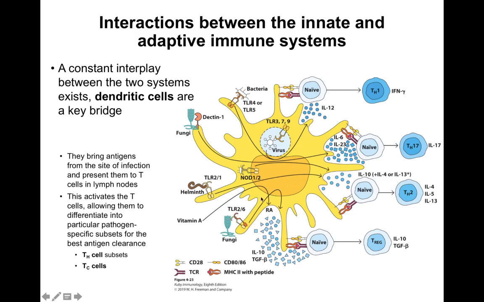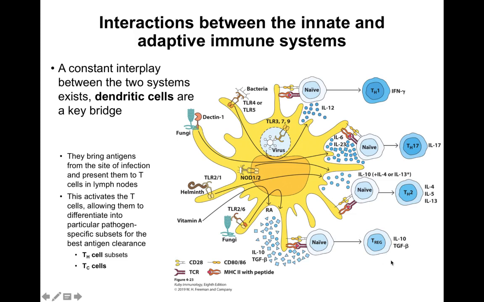If the dendritic cell came in contact with a fungal infection, they may make IL-10 or TGF-beta, which are anti-inflammatory, and they can direct the T cells that are presented these antigens to become T regulatory cells.